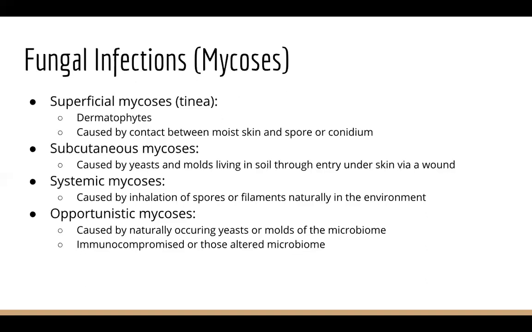This can happen when someone's immune system is suppressed, again, an increase in estrogen, or someone is on antibiotics. And then another example is a dimorphic yeast, and it causes cryptococcosis, and that is typically seen in transplant recipients and or people with HIV and AIDS.